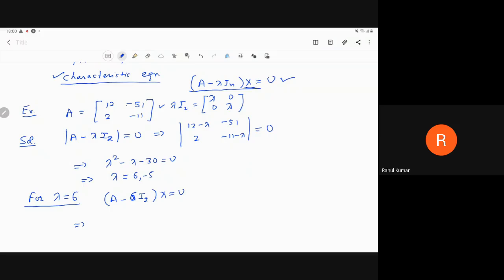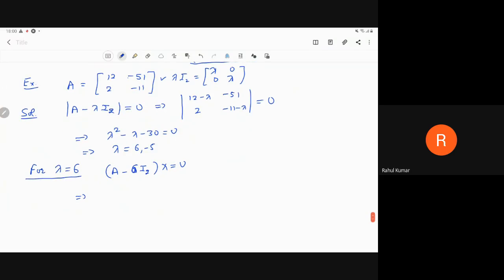What is A minus 6 I2? The diagonal elements of A are subtracted by 6. Okay, subtract. What do you get? You get 12 minus 6 means 6, minus 51. 2, minus 11 minus 6 means minus 17.